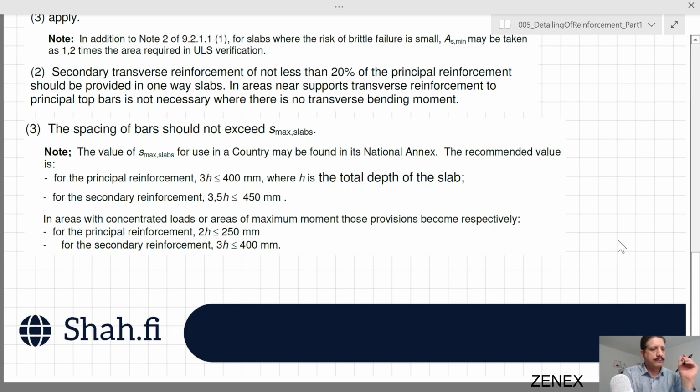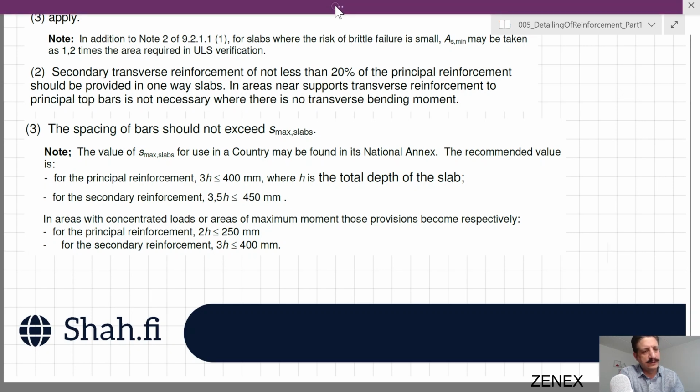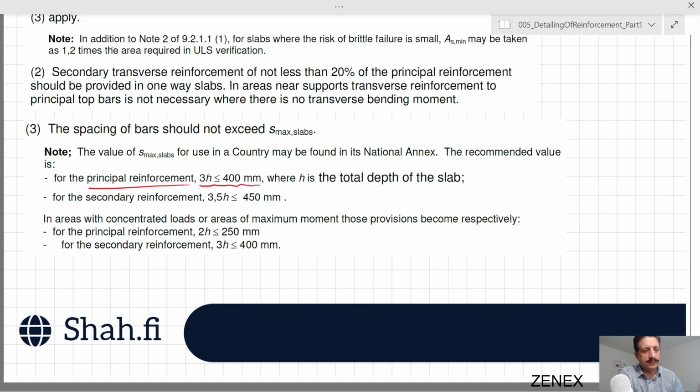The spacing of bars should not exceed S-max,slabs. The value of S-max,slabs for use in a country may be found in its national annex. The recommended value is, for principal reinforcement, 3h and 400 mm, whichever is smaller. h is the total depth of the slab, and for secondary reinforcement, 3.5h but less than 450 mm.